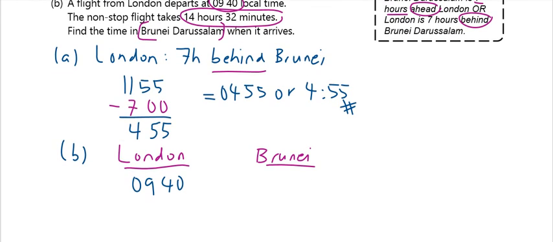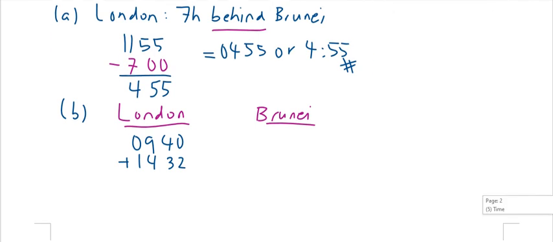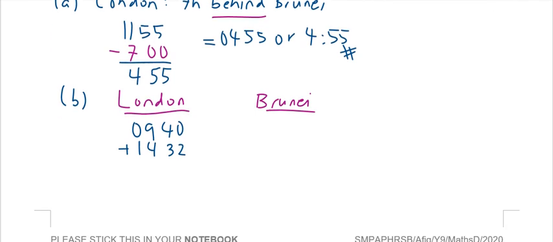So just add 1432. Here you just proceed: 40 plus 32 is 72, and 9 plus 14 will be 23. Now you can't have 72 minutes, so you subtract 60 and add 1 to the hour.